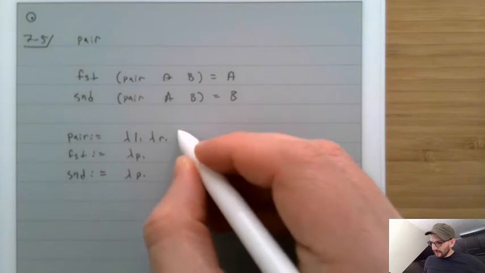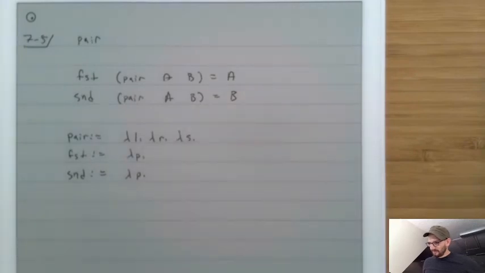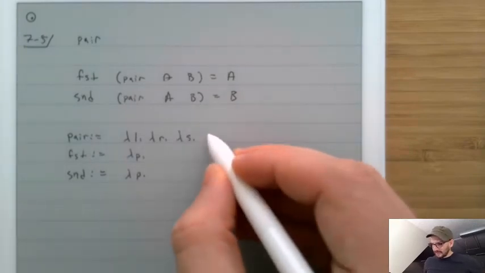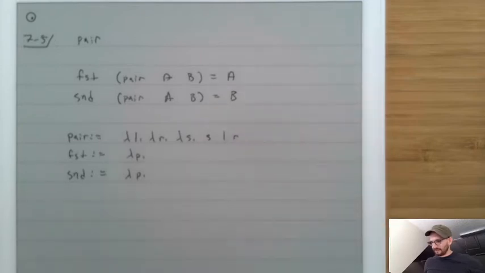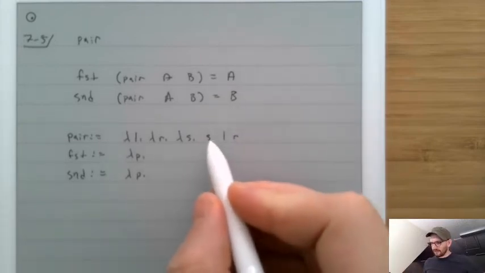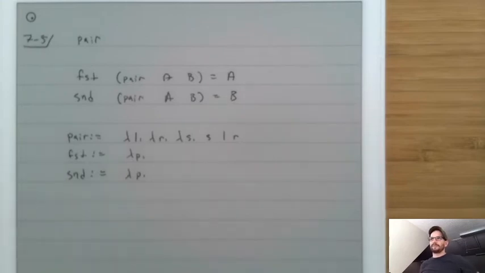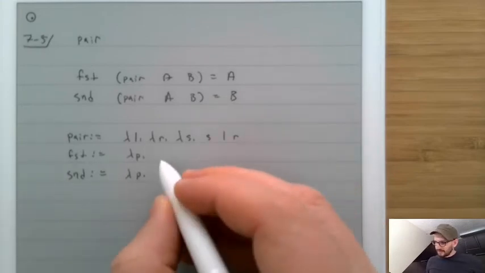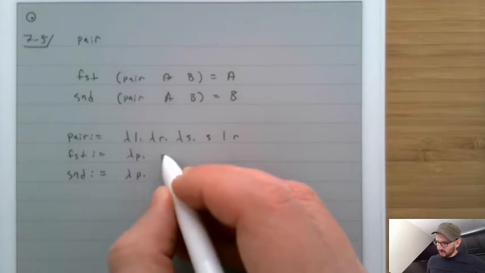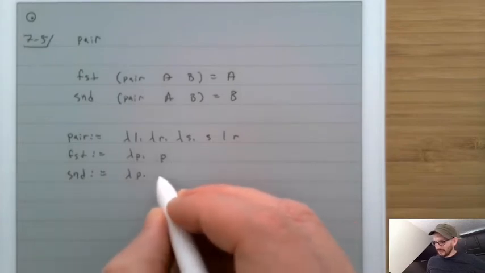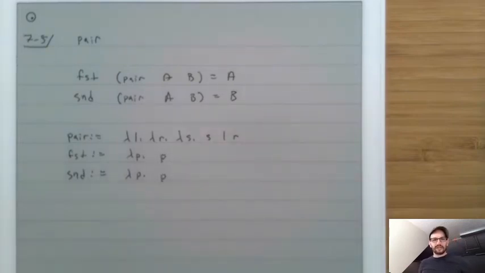So that means that we're going to wait for a selection. And then we're just going to give the selection the left and the right. And by giving it the left and the right, now it has the opportunity to decide between them. Okay, so that means that what first is going to do is it's going to call the pair and give it one selection, and second is going to call it and give it a different selection.